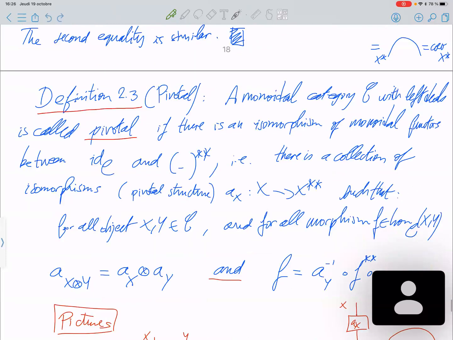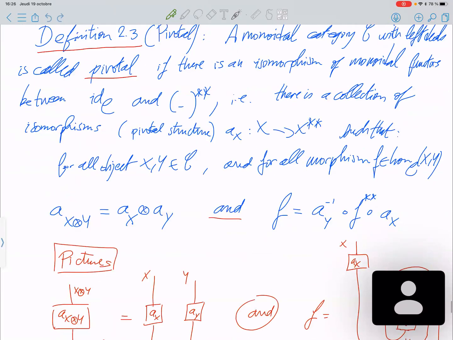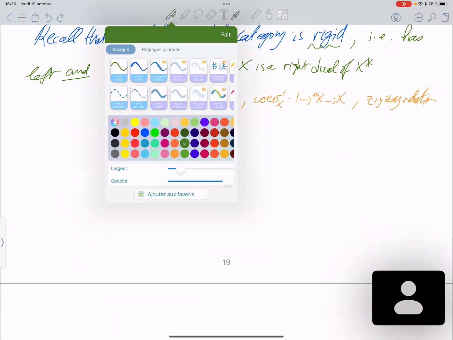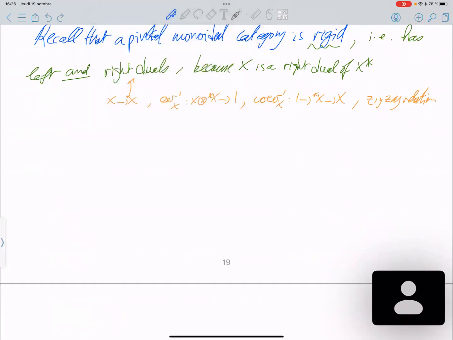That's why I define pivotal only for monoidal categories with left dual. And I expected that pivotal implies rigid for a monoidal category with left dual. But I have a small doubt, but it does not matter. It should be true, I guess, but it may require a few extra details which are not required in this course. Okay.